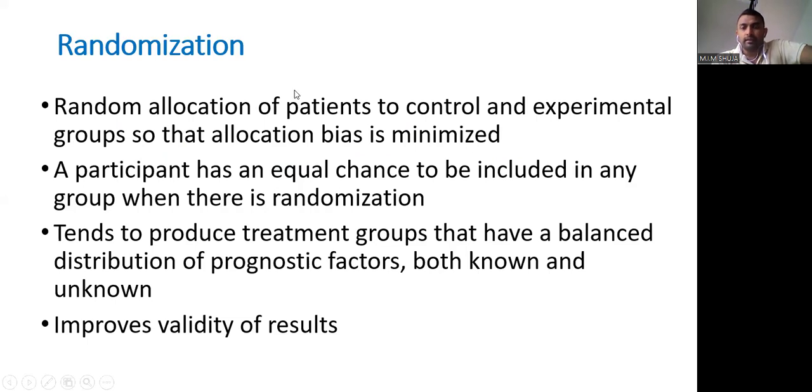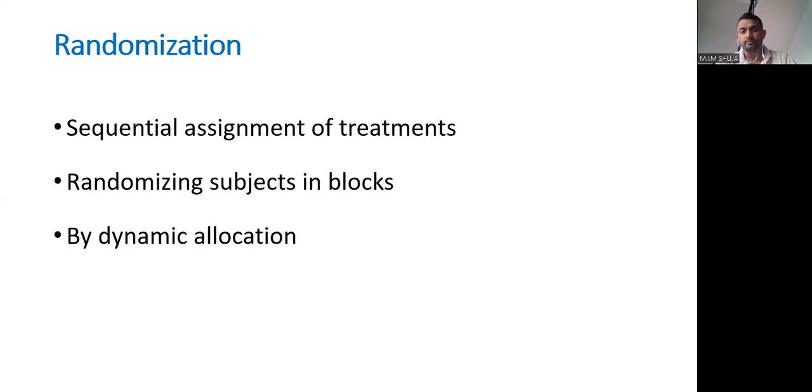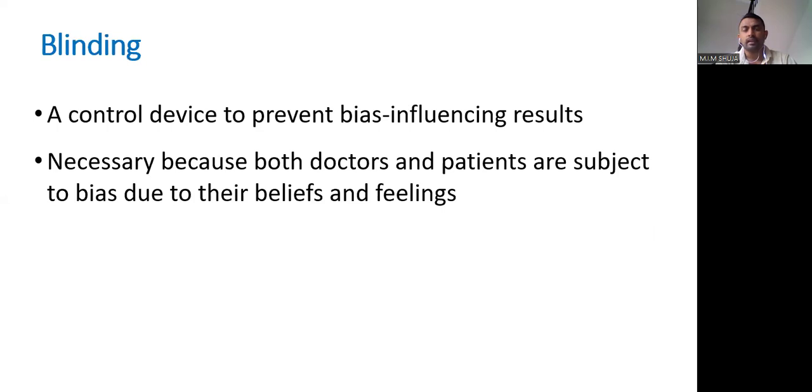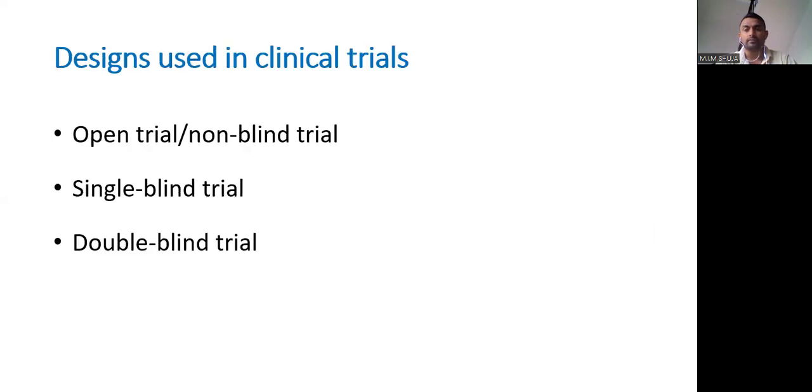Randomization is random allocation of patients to control and experimental groups so that allocation bias is minimized. That means you randomly allocate patients to the control group and the testing group. There are various types of randomization and blinding, to prevent bias influencing research.